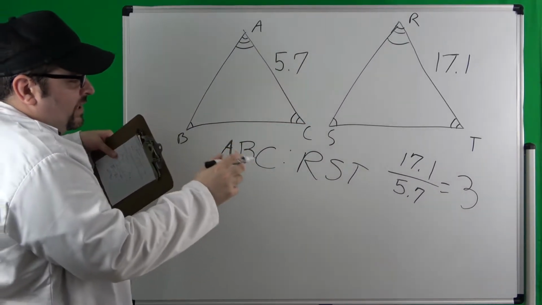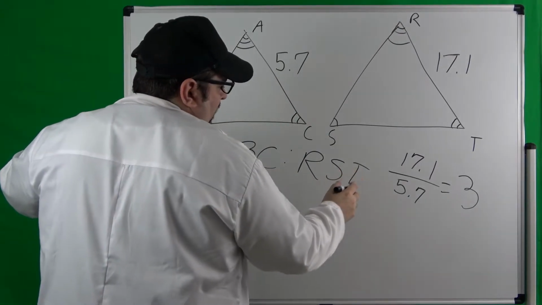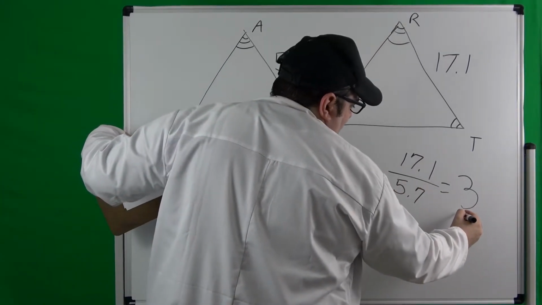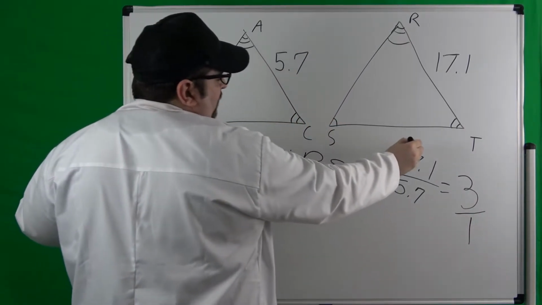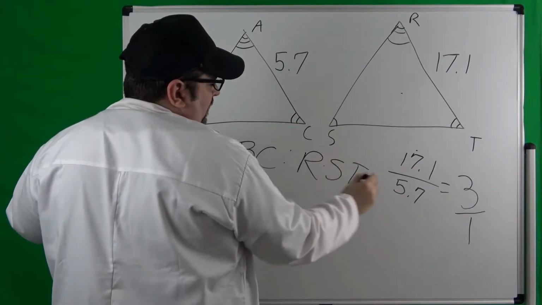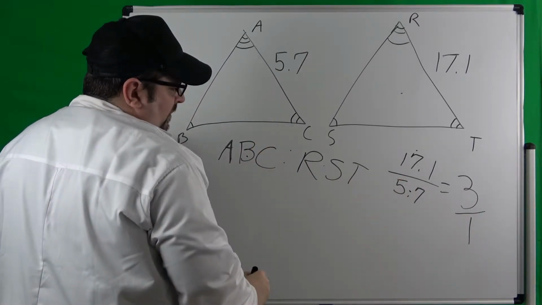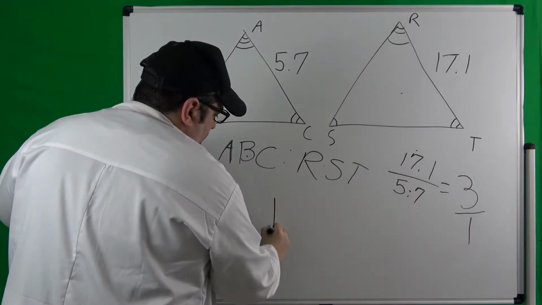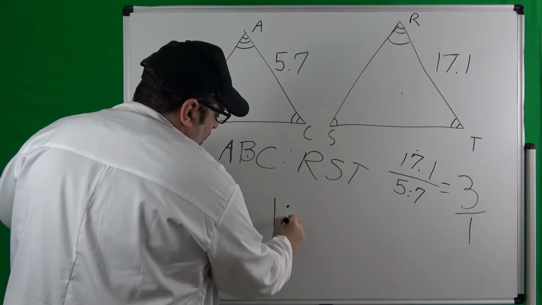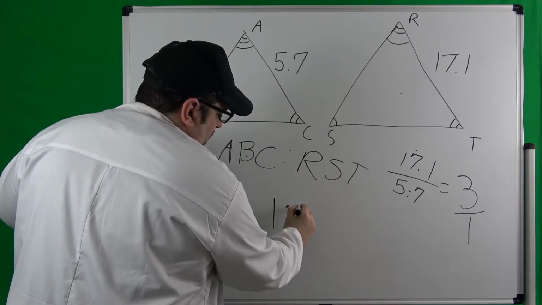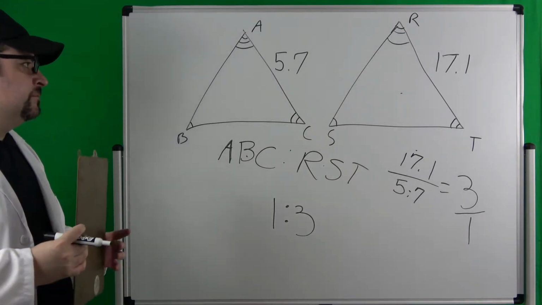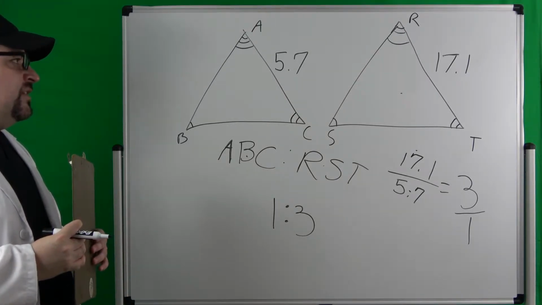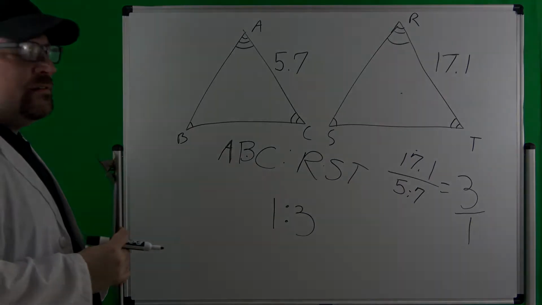And we know that 3, actually, it'd just be easier to put 3 over 1. And remember, this is that triangle. And this is the small one. So the 1 to 3, like that. There you go. That one's pretty easy.